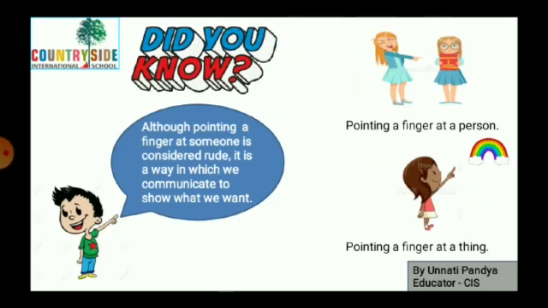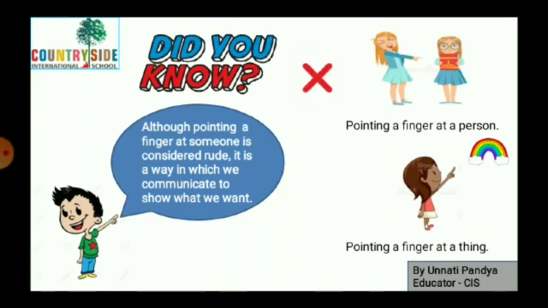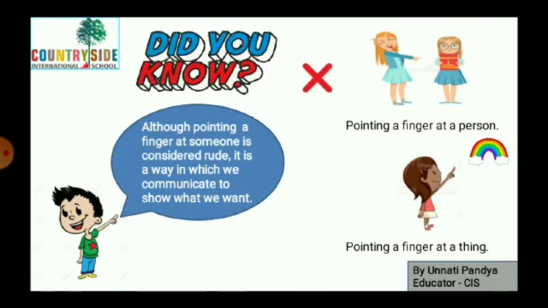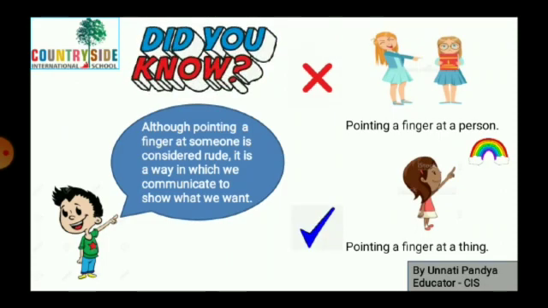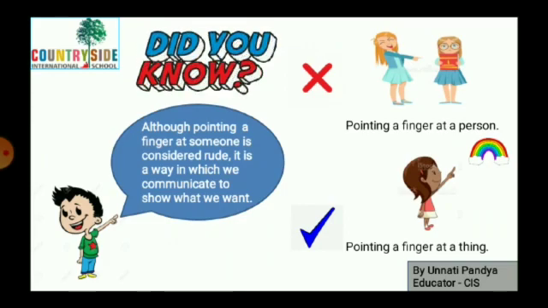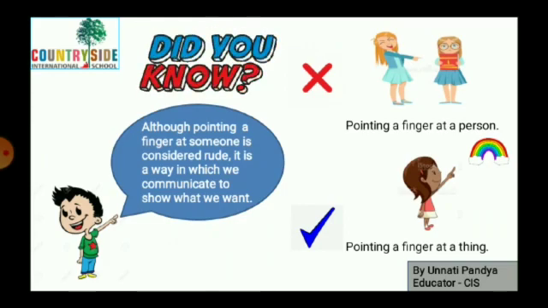Now, in the first case, when you are pointing a finger at a person, it is not right, it is wrong. While in the second case, it is okay to point a finger towards an object which you want.